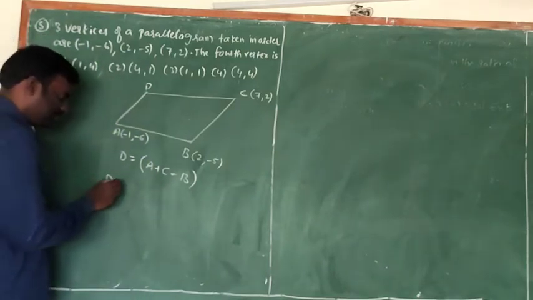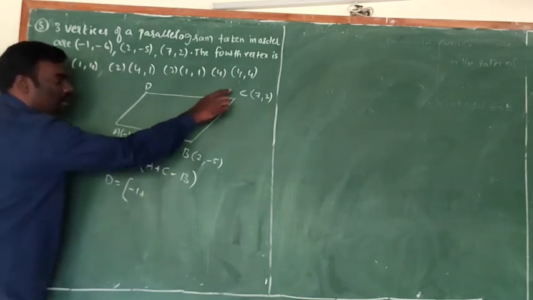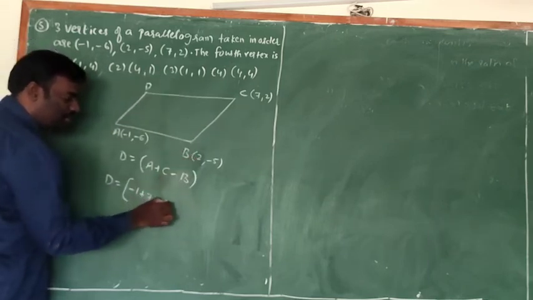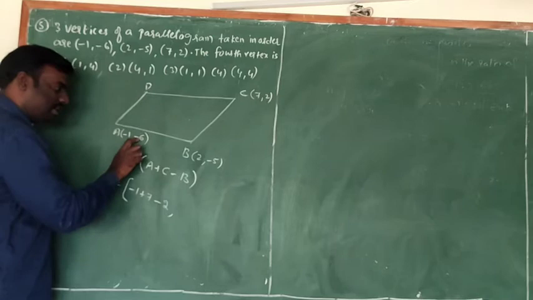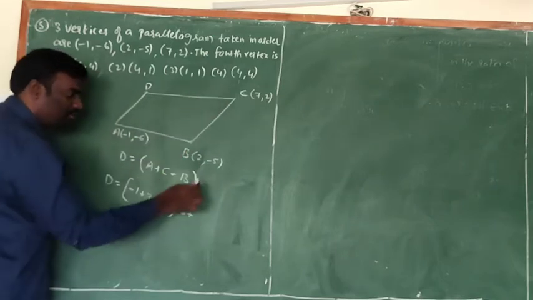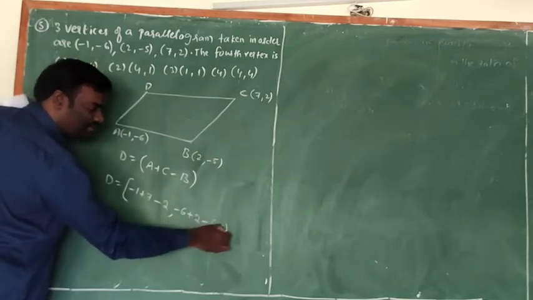Then D equals to, what is the first value? -1 plus, what is the first value? 7 minus, what is the first value in opposite? 2. What is second value? -6 plus, what is second value? 2 minus, what is the second value here? -5.